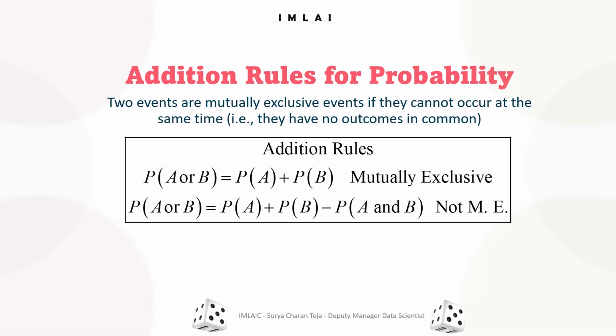Mathematically, P of A or B is equal to P of A plus P of B, where A and B are mutually exclusive. First, we'll see this.